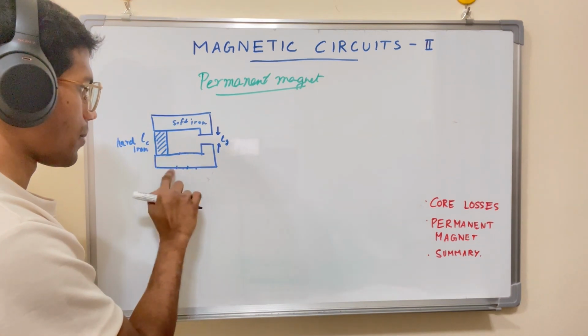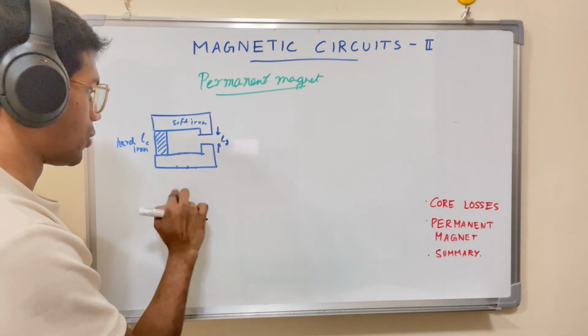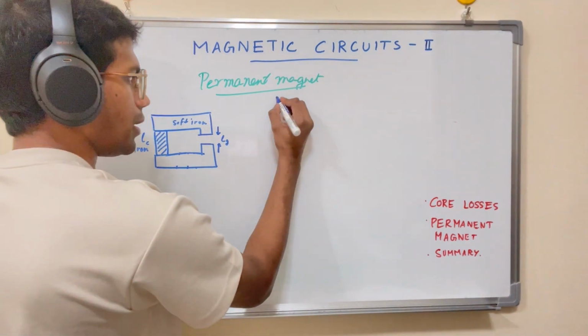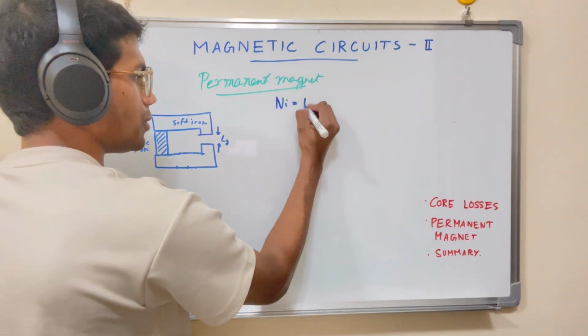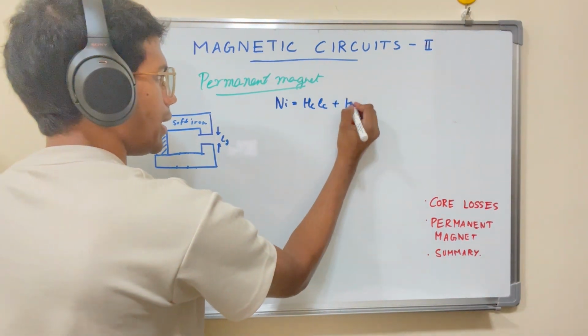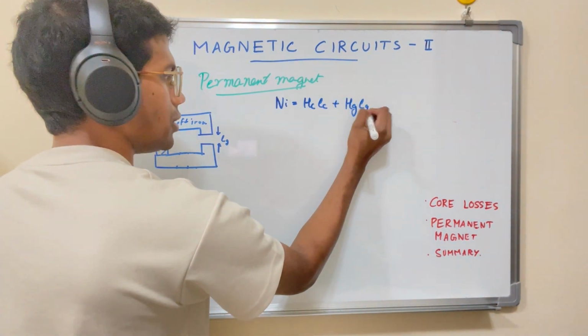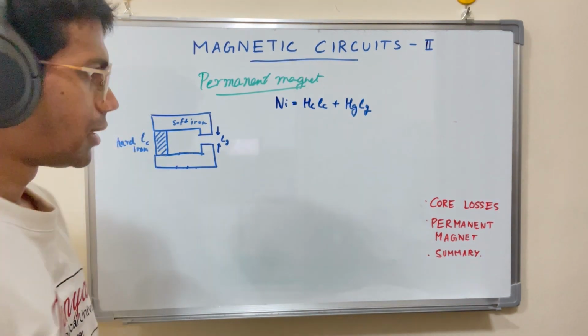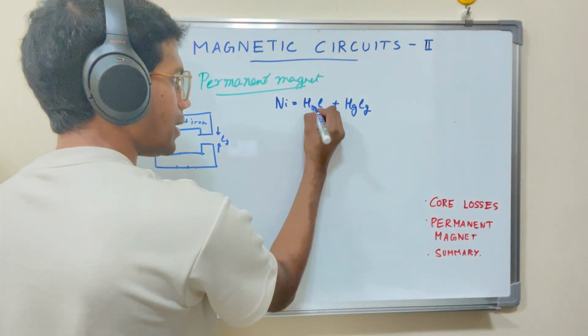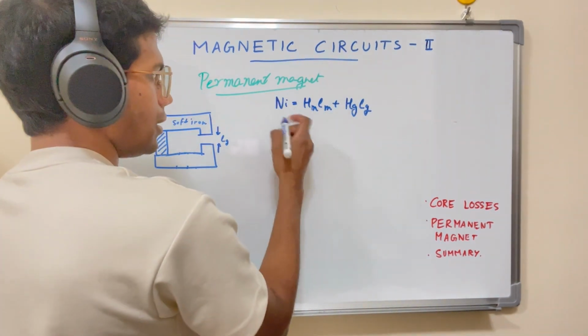It's just the already magnetized core. And from Ampere's law, we can write down that Ni is equal to HC LC plus HG LG. Or in this case, I'm just going to use M for permanent magnet, and Ni is 0.